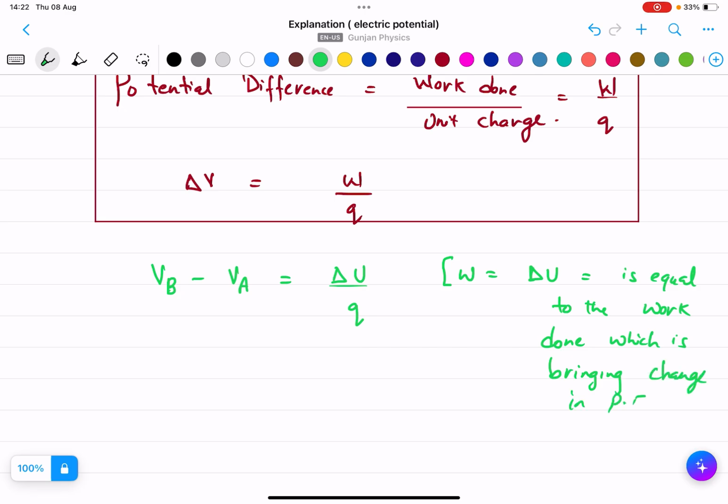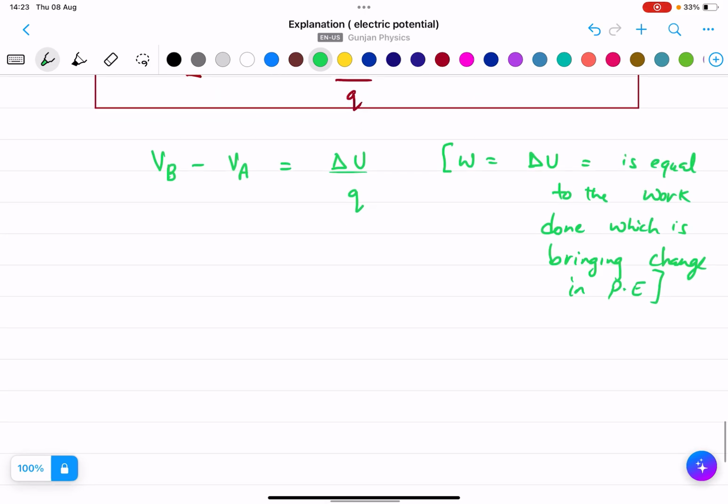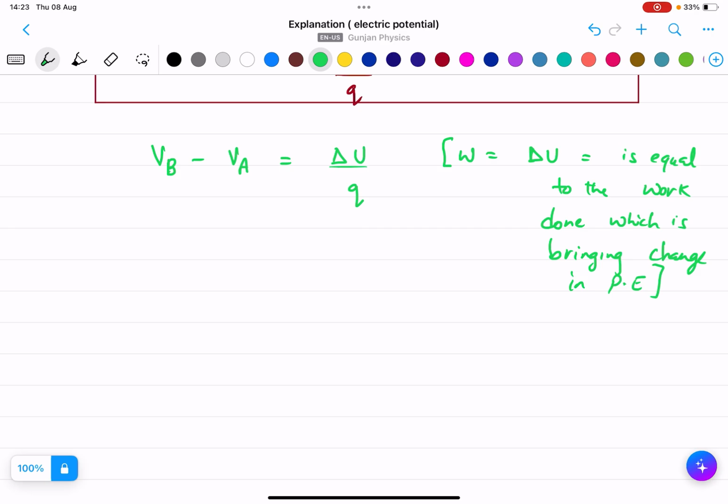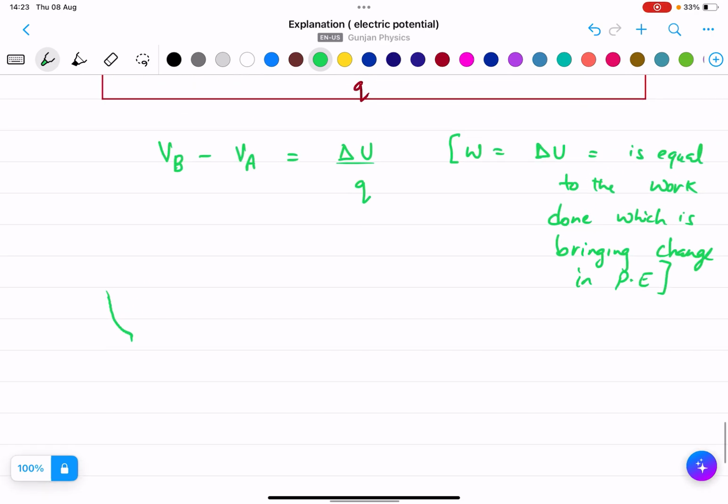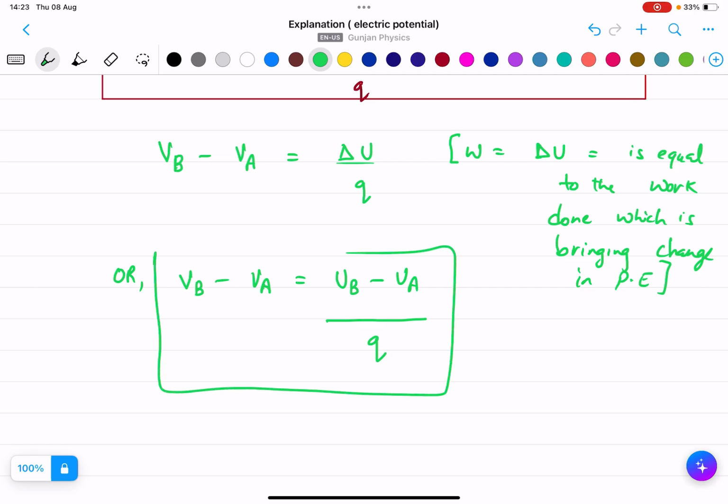Because when we are doing work, that means our potential energy is also changing because our height is also changing, right? So I can say VB minus VA equals delta U over Q. Or can I write VB minus VA, because I am writing delta U, then I can write UB minus UA over Q. Can I write it like this? So this is my potential difference.